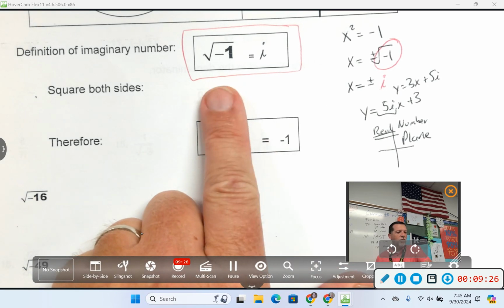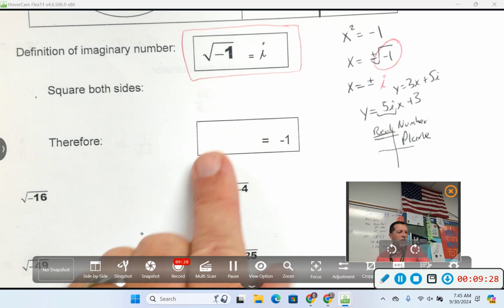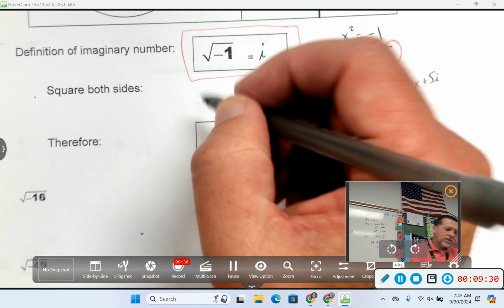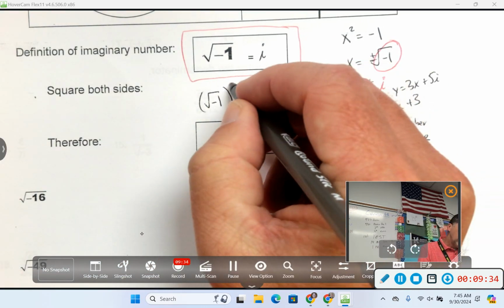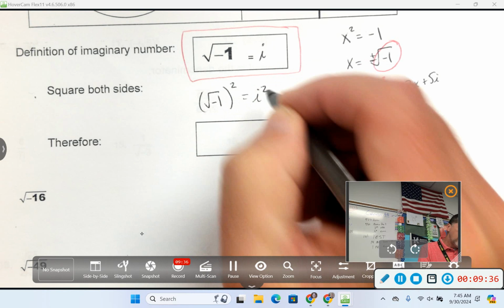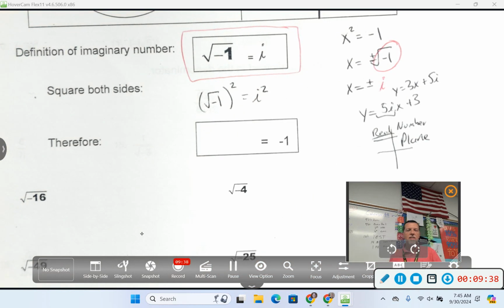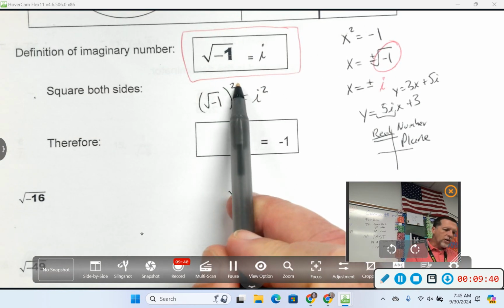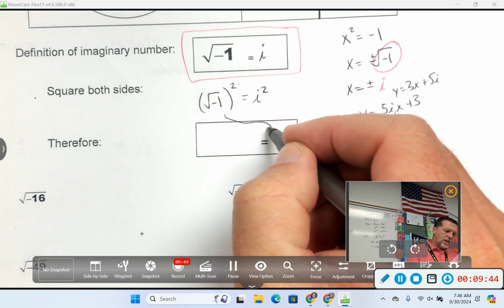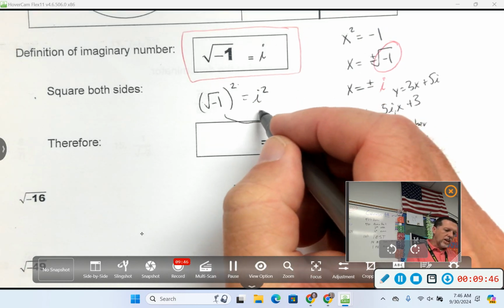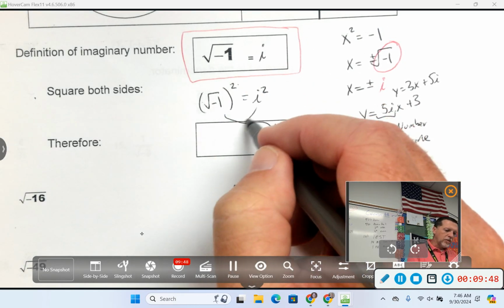If i is the square root of negative 1, and we square both sides, well, the square and the square root cancel each other out, so it's just i squared, and that gives us negative 1. I feel like we kind of reversed the order here.